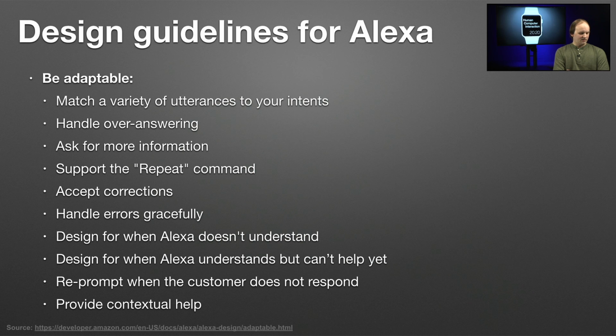And a point that is made specifically here for Alexa is to think about when Alexa can't understand what's going on, when the device understands but can't do the thing the user's asking for, and also if a response isn't generated when you're expecting one, you want to re-prompt for that, because you don't necessarily know where the breakdown was. So that's a quick summary of this category that Amazon calls being adaptable.